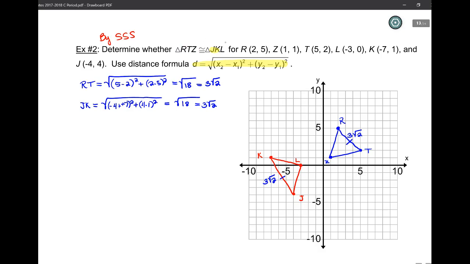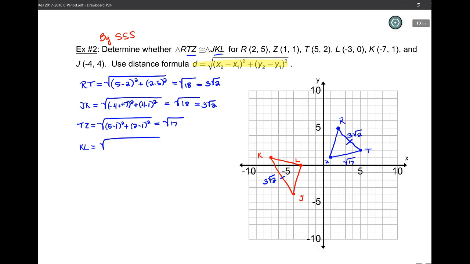Next, we checked the first 2 letters. Now let's go with TZ. So TZ, we have 5 minus 1 squared plus 2 minus 1 squared. So we get 4 squared plus 1 squared. So that's going to be square root of 17, which doesn't reduce. So TZ is square root of 17. TZ was the last 2 letters, so we're going to see if that matches up with KL.